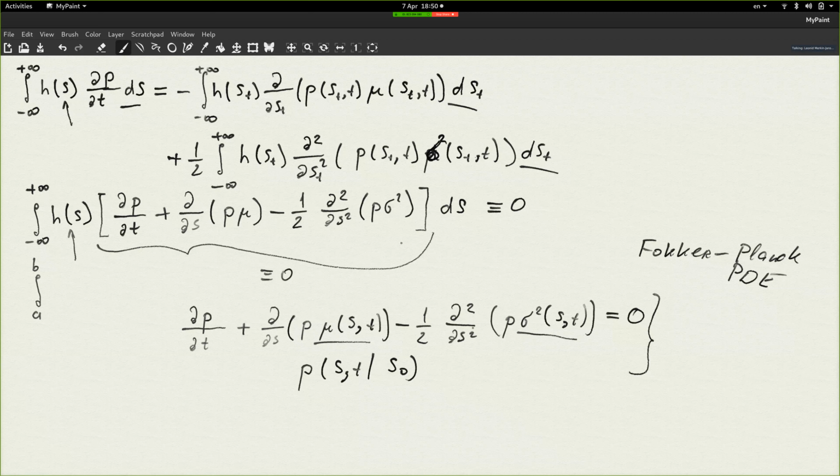Obviously, as we already know, this partial differential equation doesn't define the probability density function by itself. We need to supplement it with the initial condition. What would be the initial condition? At time t equal to 0, the value of our process is equal to S0.